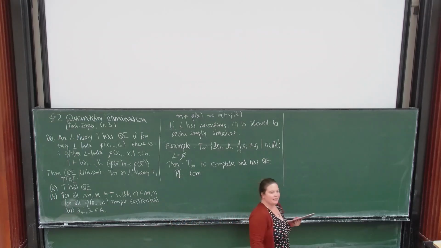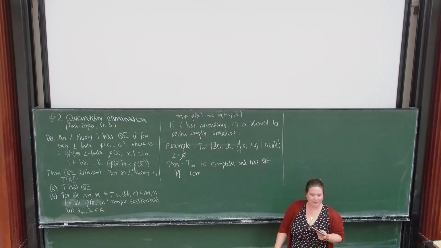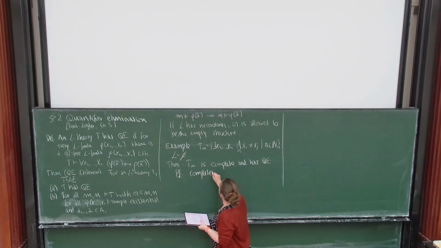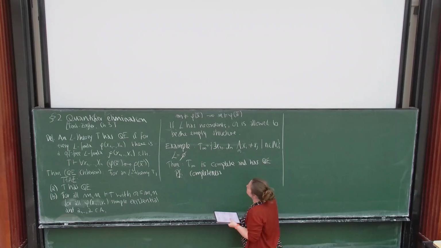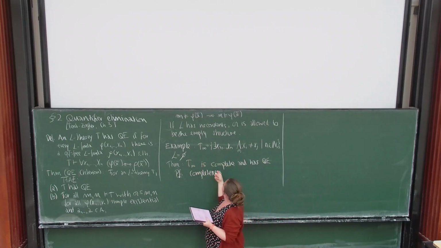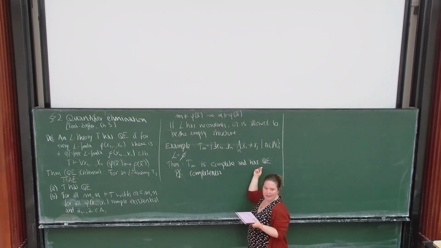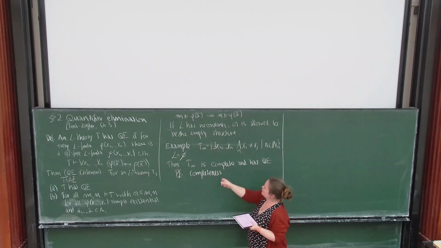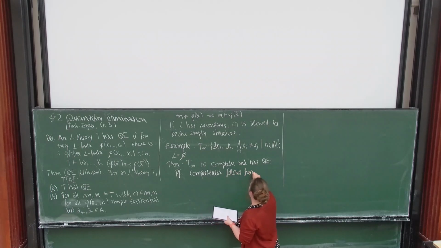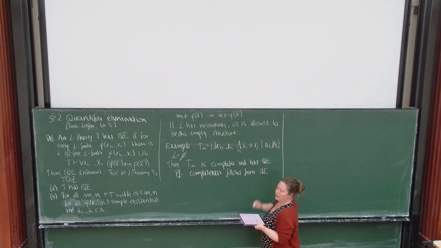Any infinite set is a model of the theory of infinite sets. And then by what we did last time, a consistent theory in a language without constant symbols which has QE is either inconsistent or complete. That's one of the things I did at the end of the last lecture. So completeness follows from QE.